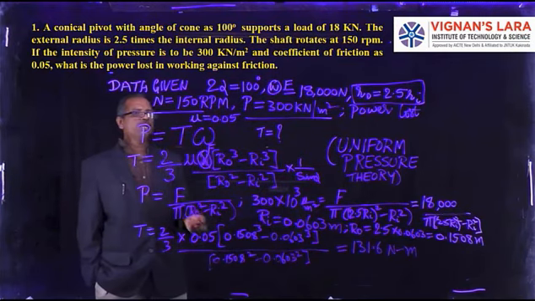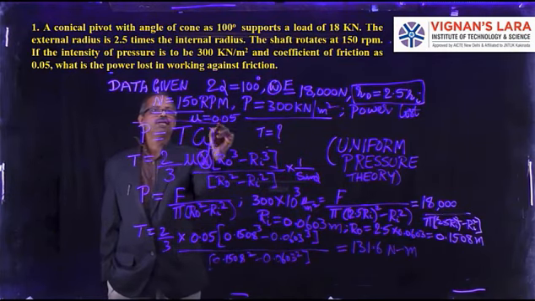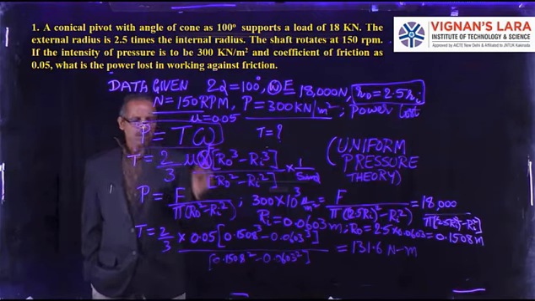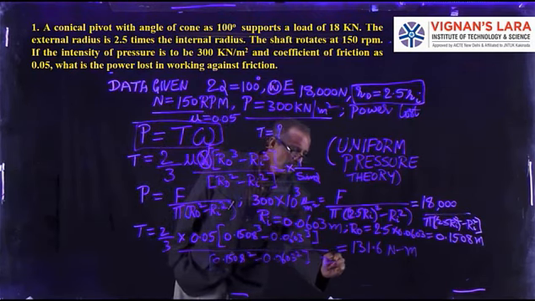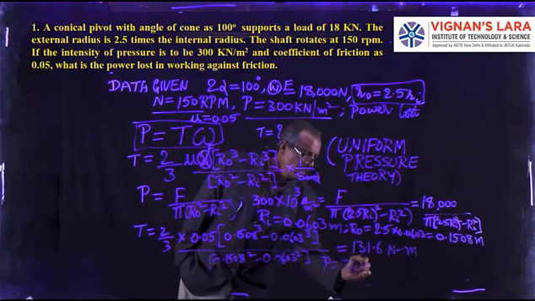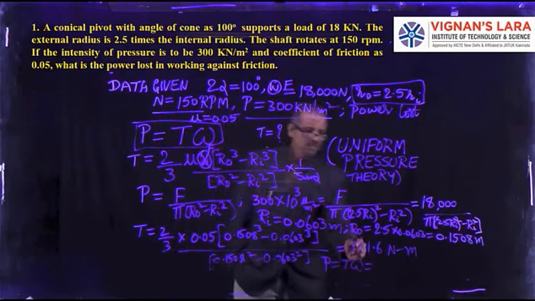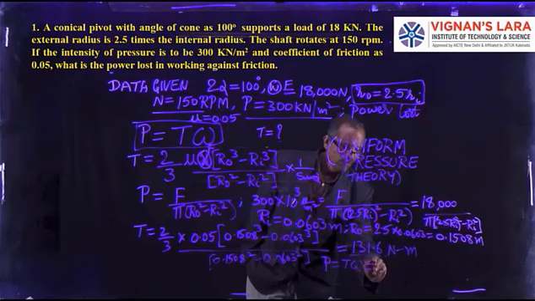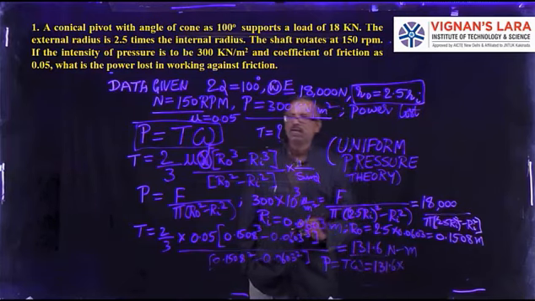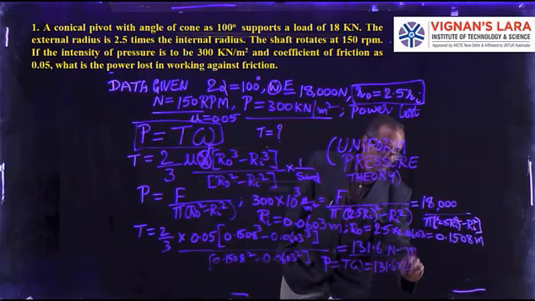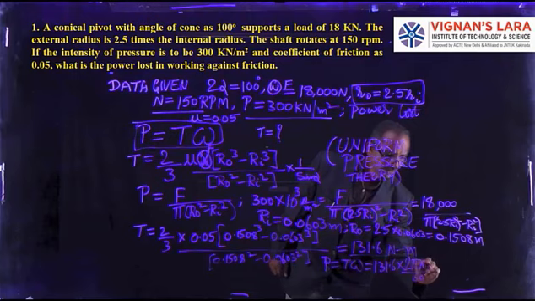But what is my requirement? My requirement is power. So how do I get power? Simply, power is nothing but T into omega. What is T? Just now we got T, 131.6. Omega is 2 pi n by 60.